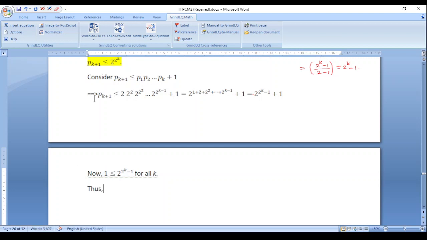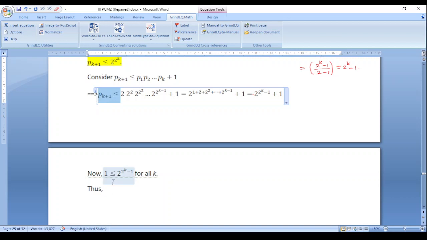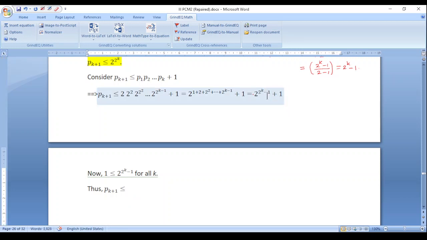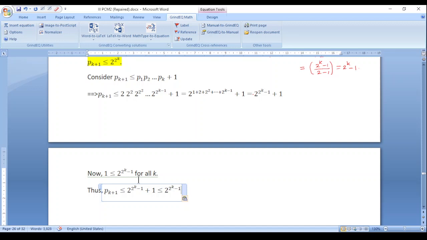So if I use this expression here, I see that p(k+1) is less than or equal to 2 to the power 2 to the power k minus 1 plus 1. And now, this is further less than or equal to 2 to the power 2 to the power k minus 1, and because this 1 is again less than or equal to 2 to the power 2 to the power k minus 1, plus 2 to the power 2 to the power k minus 1. What is this upon simplification?